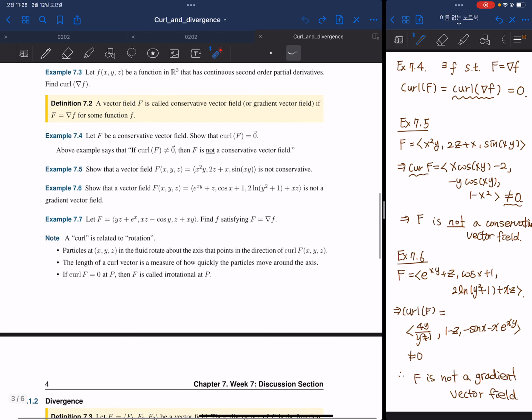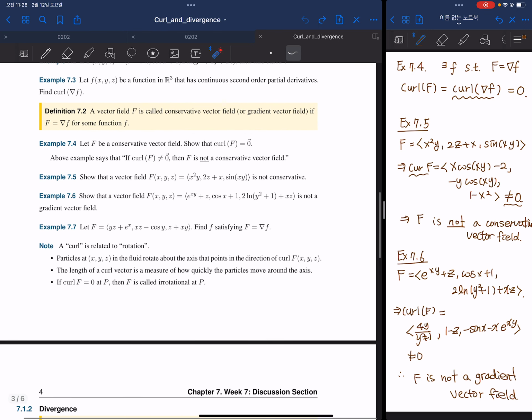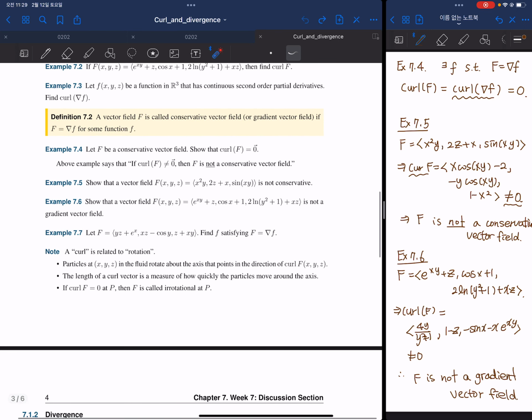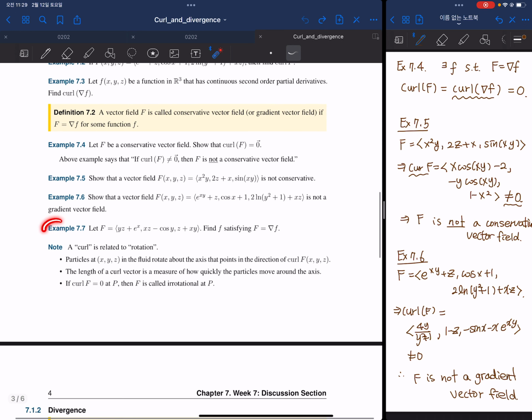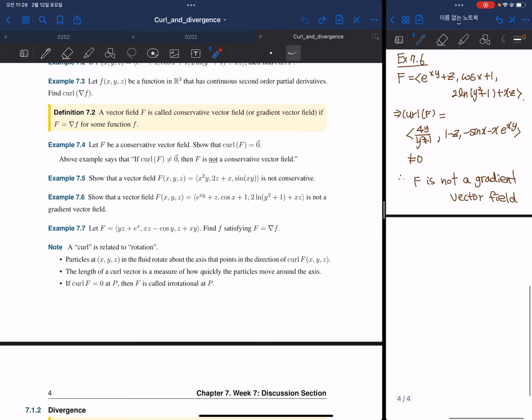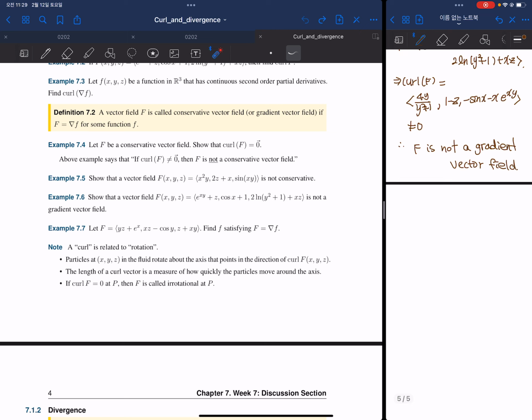And here is example 7.7, and it's a little bit different, but what you need to do here is, if F is given like that, we want to find the function f satisfying F is equal to the gradient of f. So let's do it together. In example 7.7, F is given like yz plus e to the x, and then xz minus cosine y, and then z plus xy.